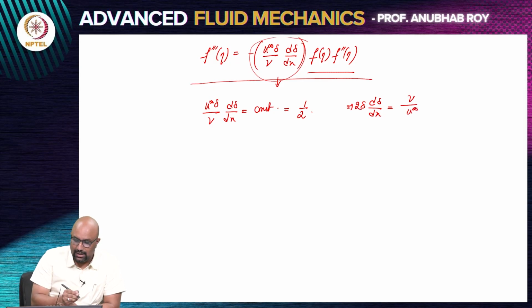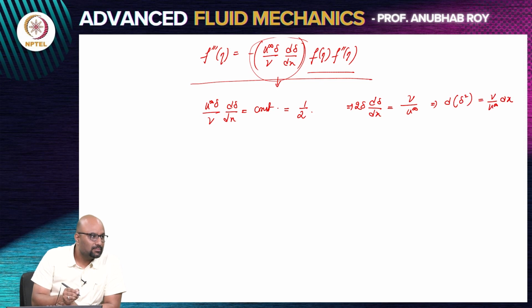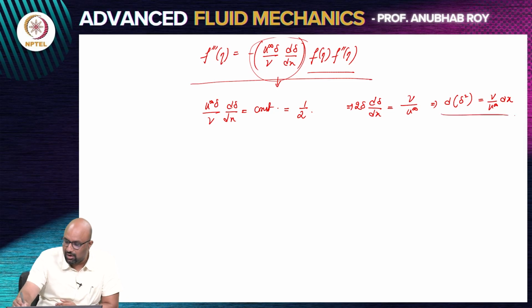So, 2 delta d delta dx is equal to nu by u infinity. Now, this is where you will see it becomes convenient, because now I can write this as d of delta square is equal to nu by u infinity dx. So, the reason I chose that factor of half is to remove the constant value from here, so that I can just write it as a total differential of delta square.